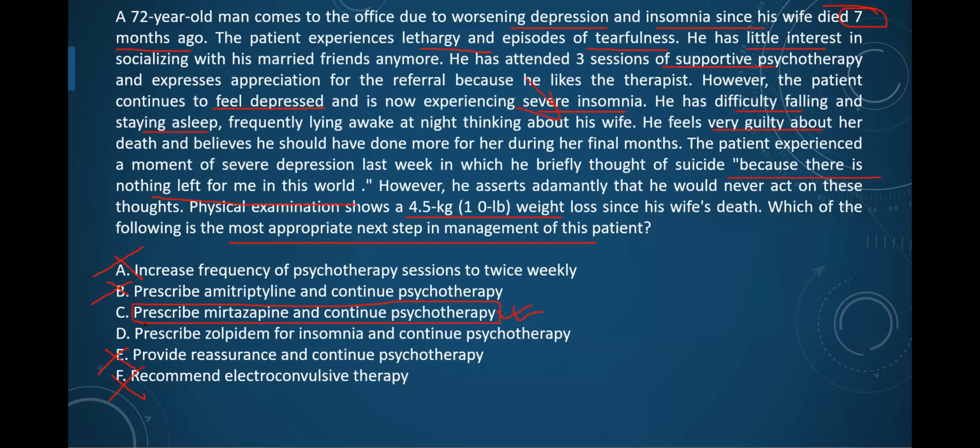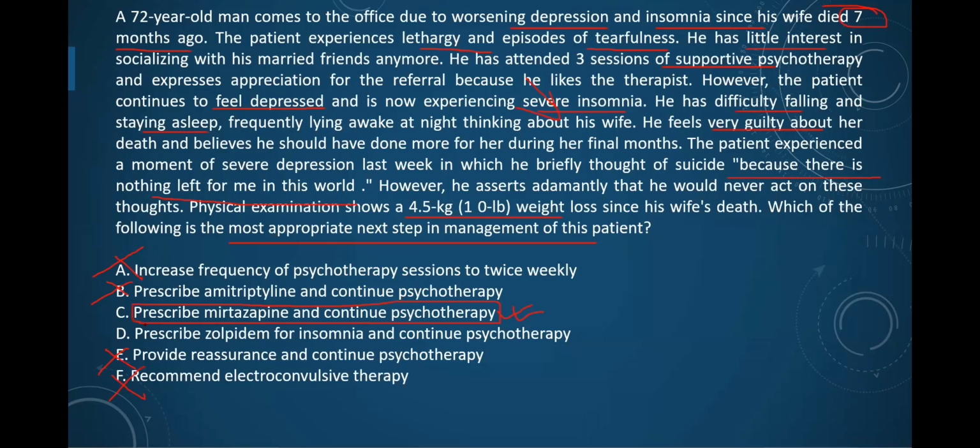If your patient takes more than one serotonergic medication, that patient has a high risk of developing serotonin syndrome, which is a complication we don't want our patient to have. So that's why the patient should have a washout period.